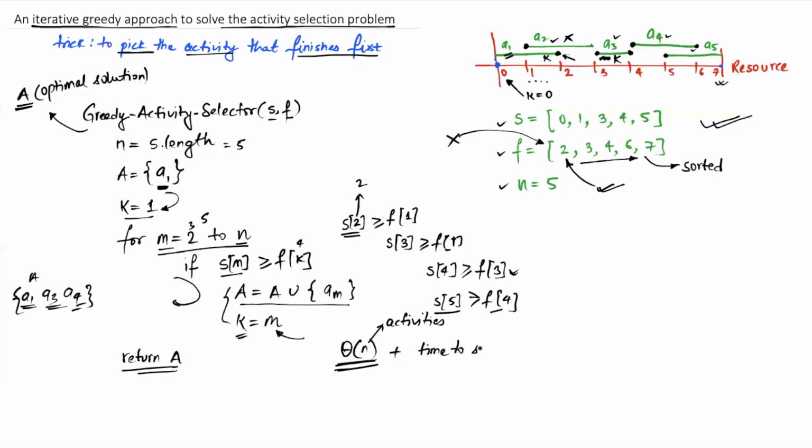Usually, sorting can take anywhere from n squared to n log n time, depending upon what kind of sorting technique is used. So this running time could actually be only the lower bound if the activities are not sorted already by the finish time.